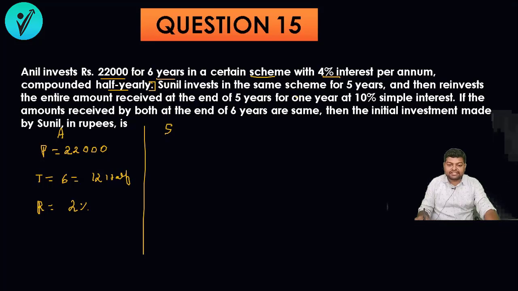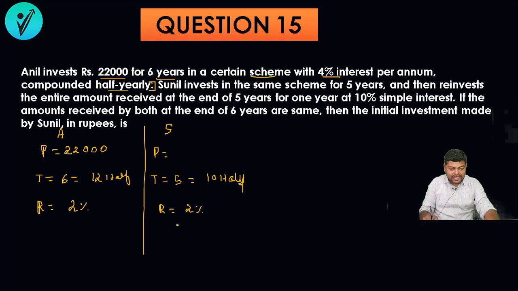So Sunil invests in the same scheme for 5 years. So Sunil, what's the principal that Sunil has invested? We don't know that. First of all, time period for Sunil is 5 years. Okay, so there will be 10 half years. In the same scheme, Sunil has invested. So rate of interest effectively will be 2% for the first 5 years, and then he reinvests the entire amount received at the end of 5 years for the year at 10% simple interest.